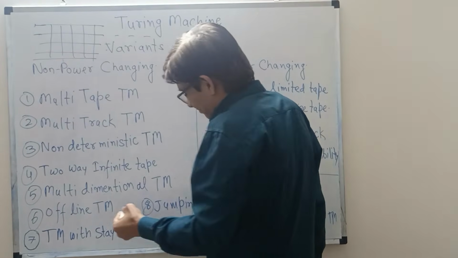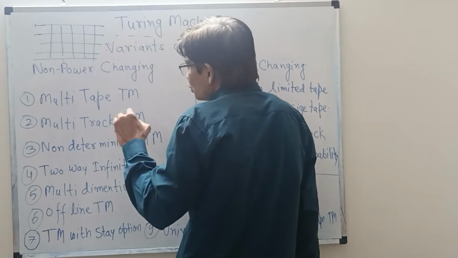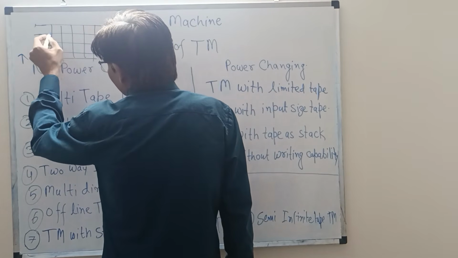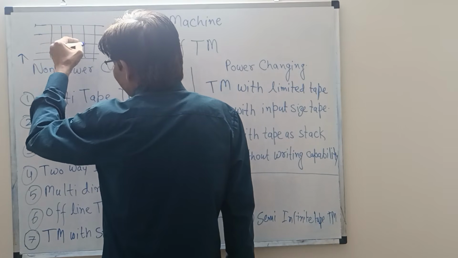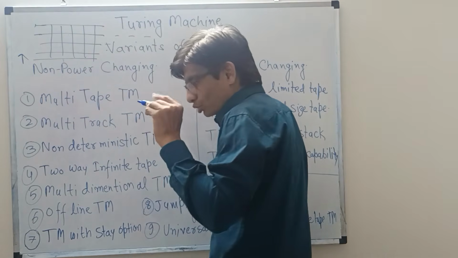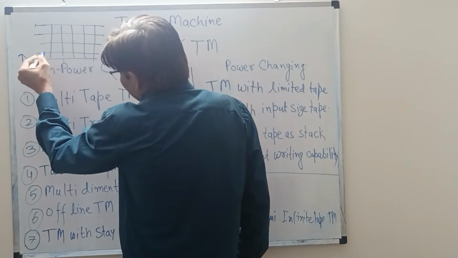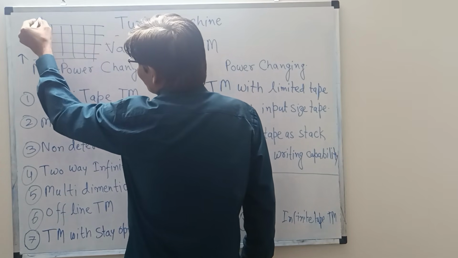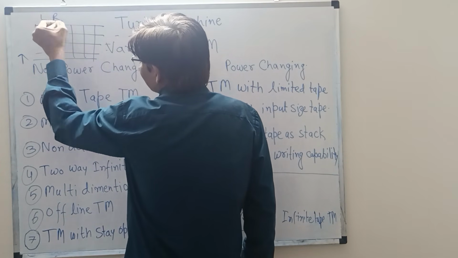But in this multi-dimensional Turing machine, you have only one read-write head, which is reading or writing values on the complete tape. In a normal Turing machine, you can move in the left or right direction.